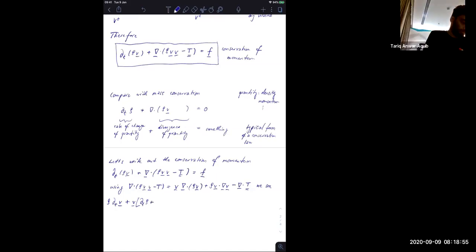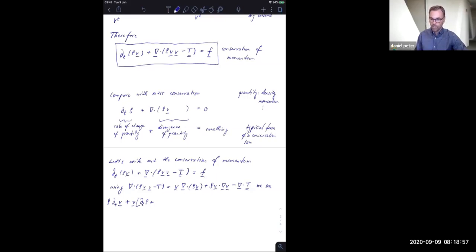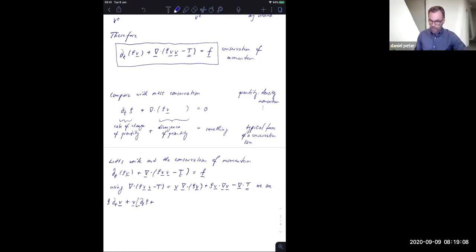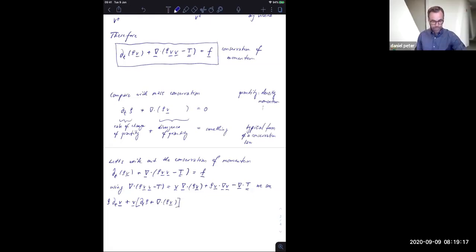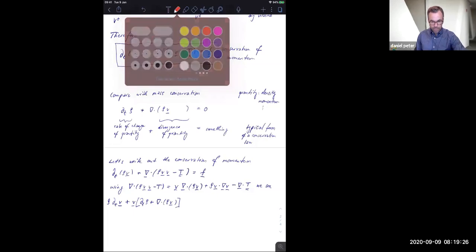But again, we have another term with v in front. So here now we have the divergence of rho v term. Oops, how can I show you that?